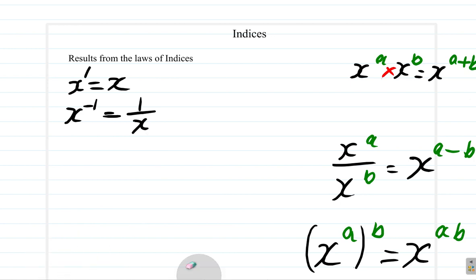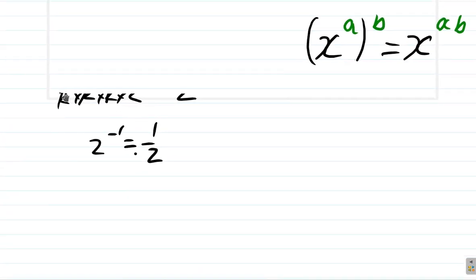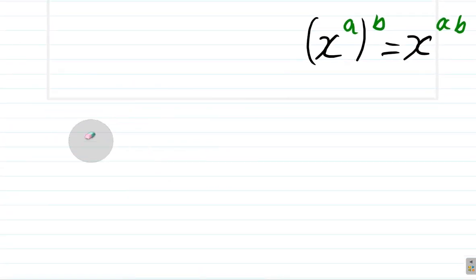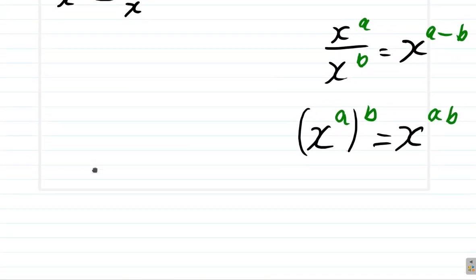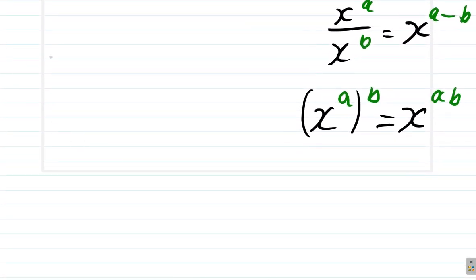Let's look at some other results, and we're basing them off the second law. Suppose you had 3 to the 4 divided by 3 to the 6. In other words, 3 to the 4 over 3 to the 6.